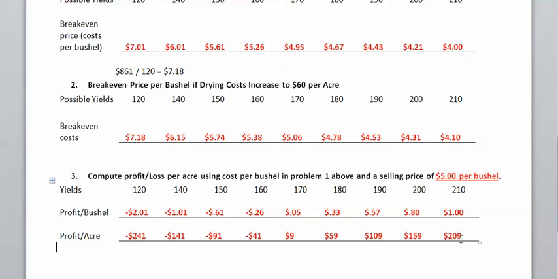We have a $400 difference here from our maximum loss here at 120 bushel at $241 an acre loss all the way up to a $209 per acre profit. That's a big swing, big difference. If we have 1,000 acres of corn, that we change our profitability from losing 241,000 to making 209,000.